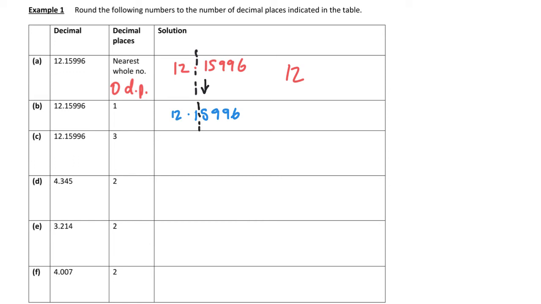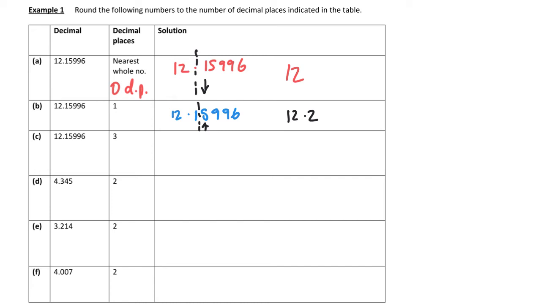So between the 1 and the 5. The 1 is the changer and the 5 is the decider. 5 or more we round up, so it's a 5, so we're going to round up. And that's going to change the changer to a 2. So we're going to have 12.2. And 12.2 is pretty close to 12.15996. And we've only got 1 decimal place.